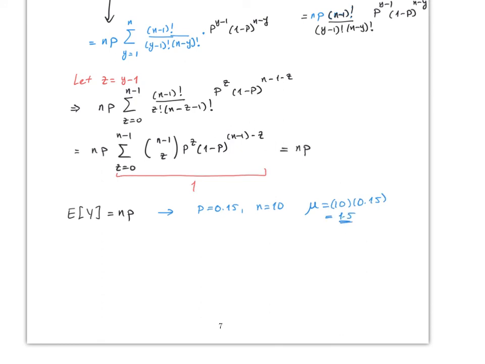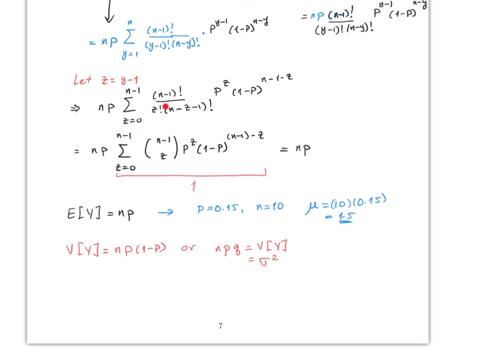Now finding the variance is also very, very easy. The variance for y, and you should check this, is equal to np times 1 minus p, or npq, which, remember, the symbol for variance is sigma squared. If you want the standard deviation, you take the square root. Now to get this formula, you can do a similar process to what I did here.